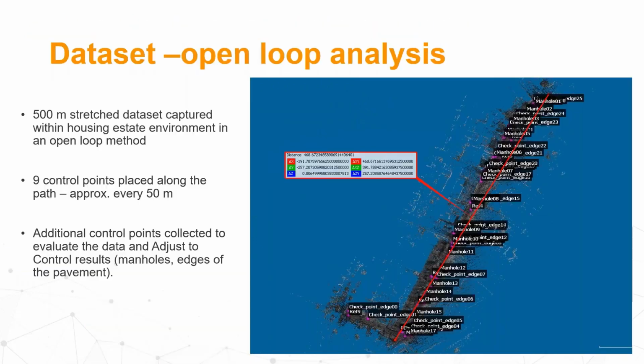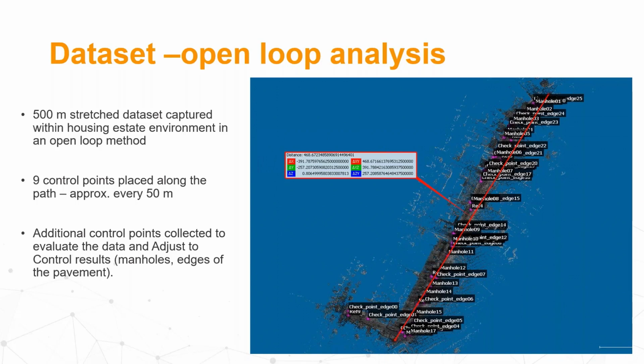It is around 500 meter stretch captured with 9 control points placed, which has been used for reference points, and many others for additional evaluation or accuracy check. So points that we haven't used in adjust to control calculations, but that can be then imported to the result point cloud to check the positions and accuracy of that point cloud process.